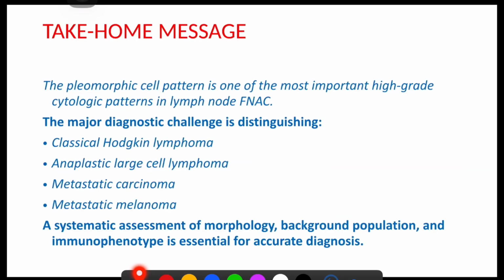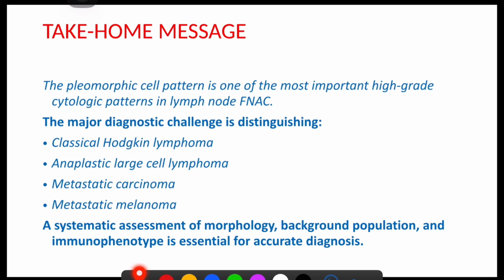So I hope now whenever you find this pleomorphic cell pattern, you will easily distinguish classical Hodgkin's lymphoma, anaplastic large cell lymphoma, metastatic carcinoma and metastatic melanoma on the basis of morphology, background population, and immunophenotype, which is essential for accurate diagnosis.